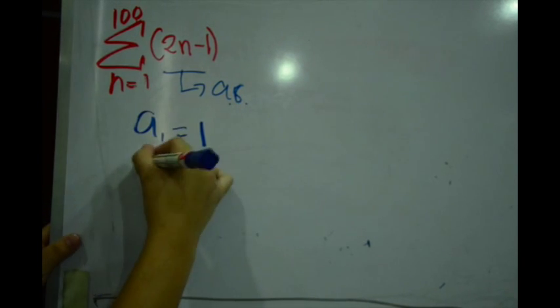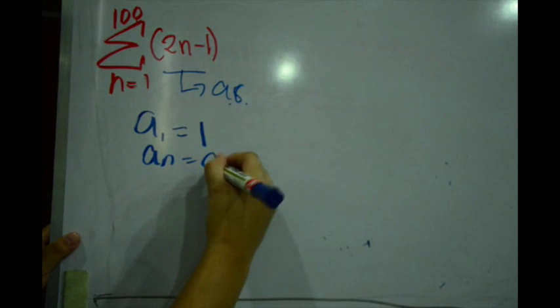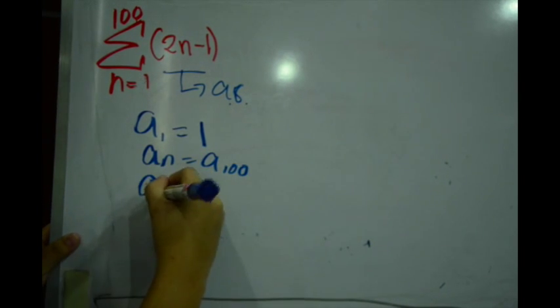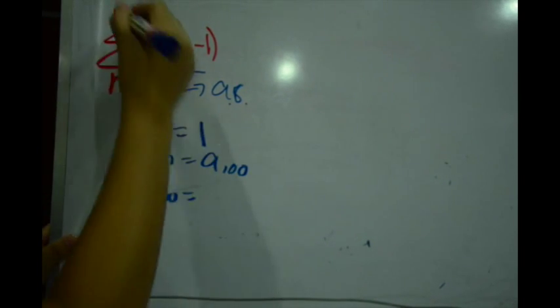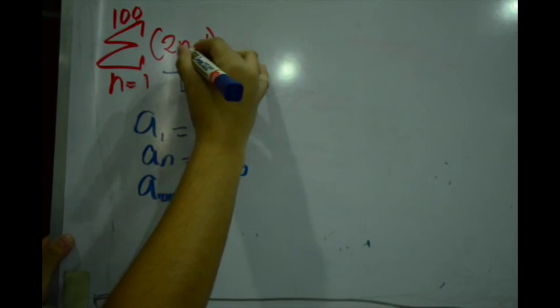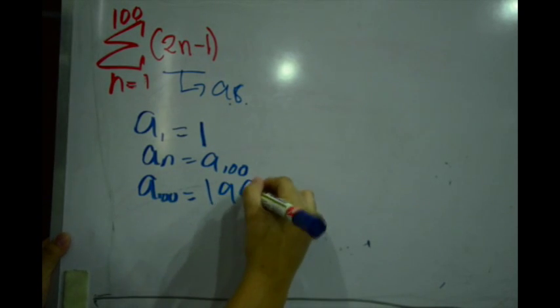And then to get the last term, a sub 100 is equal to 100 times 2 minus 1, which is 199.